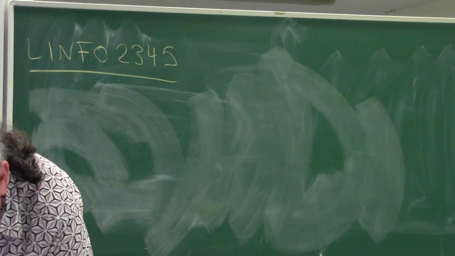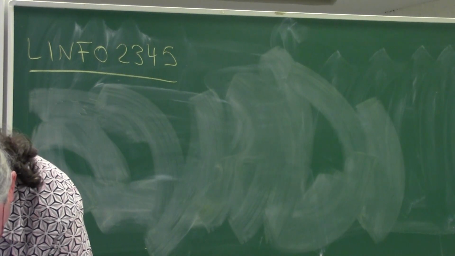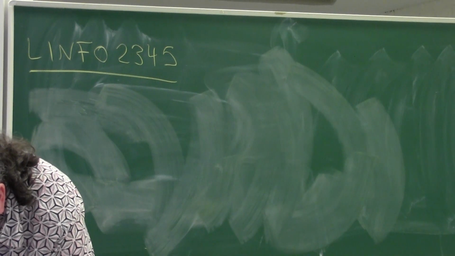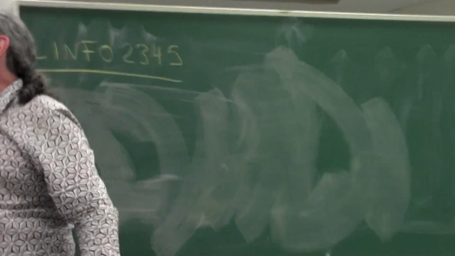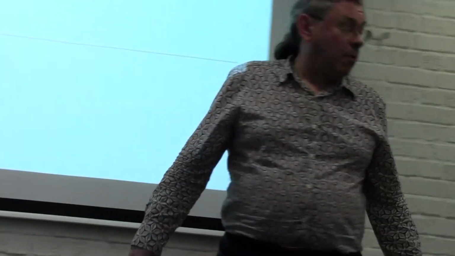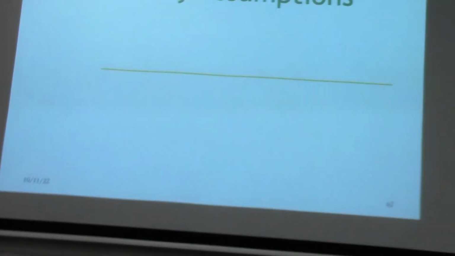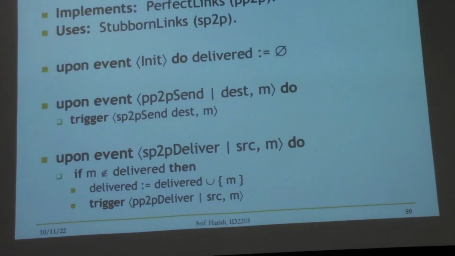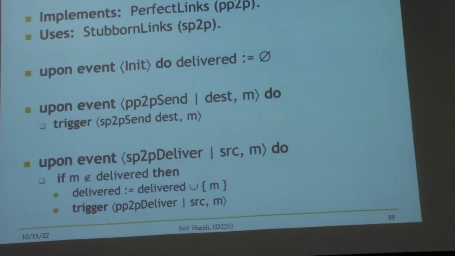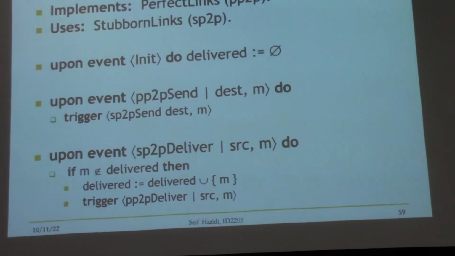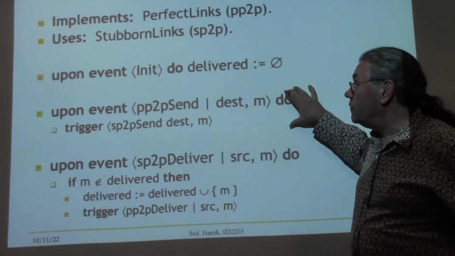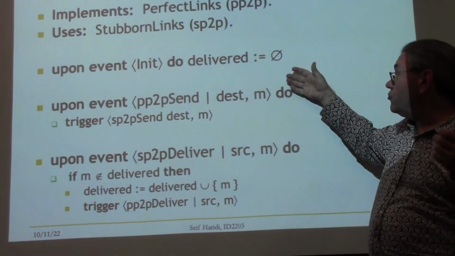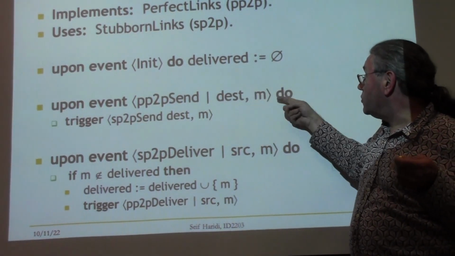Today we're going to talk about failure detectors, but before we do that, I want to talk about a part that we didn't do yet from the programming. Remember when we write the code, we wrote some code last time. Here's the code that we wrote for perfect links, for example, using this nice event-driven model where you wait on some event, which could be a message, and then this piece is executed.